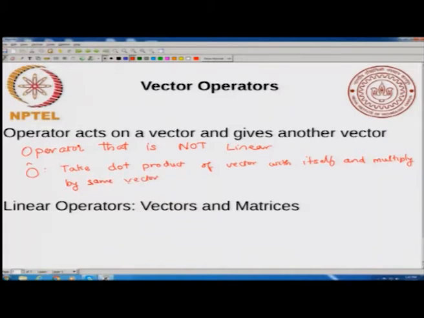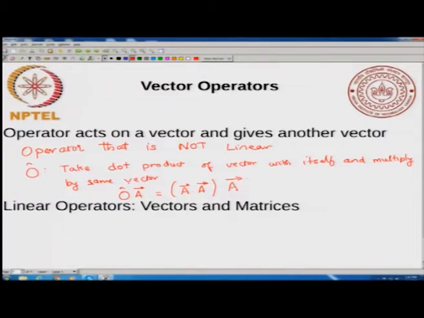So, what this does is, when it acts on a certain vector A, it takes A dot A. You take the dot product, and so A dot A is a scalar. It takes this and multiplies it to A. So, now you get a vector.